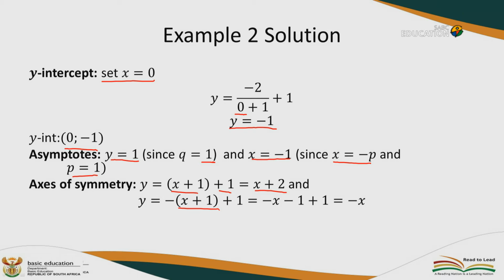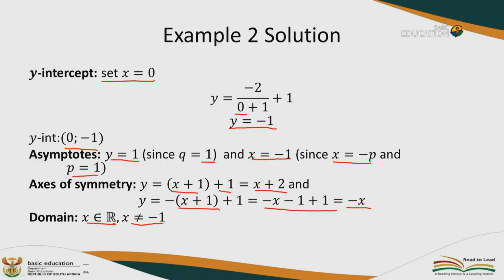We remove the brackets, we'll have negative x, negative 1 plus 1. This is negative x. So the axis of symmetry with a negative gradient is y equal to negative x.